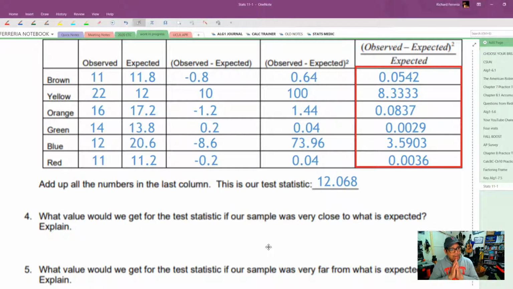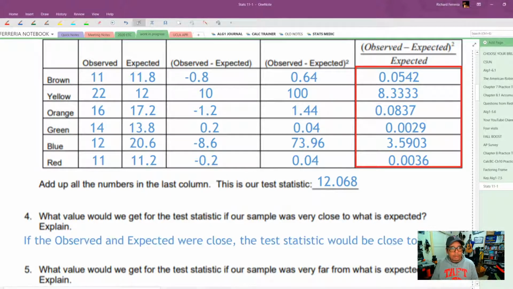Question 4 is, what value would we get for the test statistic if our sample was very close to the expected? Think about it. If all of our expecteds were close to all of our observeds, then when we subtract them, we would get a very small number. When we square it, we get an even smaller number, and when we divide that by the expected again, we get an even smaller number.